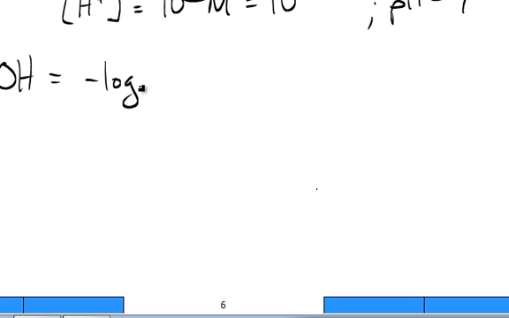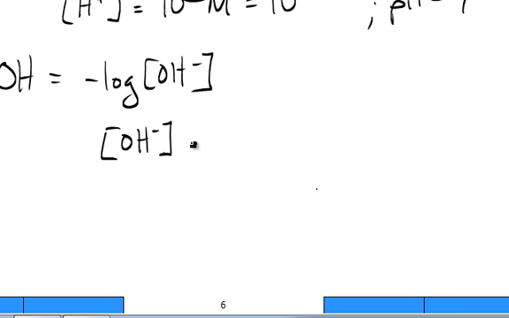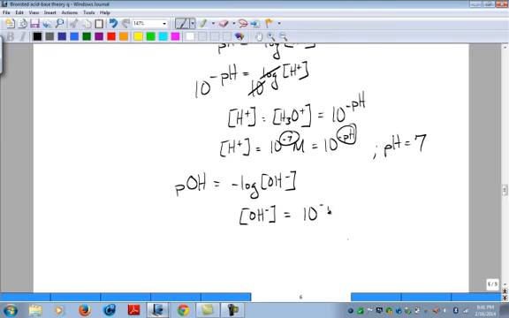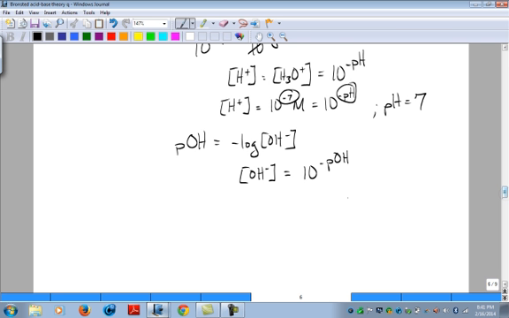So negative log of the hydroxide concentration, usually at equilibrium, will be the pOH, and therefore in terms of exponents or power of hydroxide, the concentration of hydroxide is 10 to the minus pOH. You must never write p as a capital. p is a lowercase, and that is a strict convention.